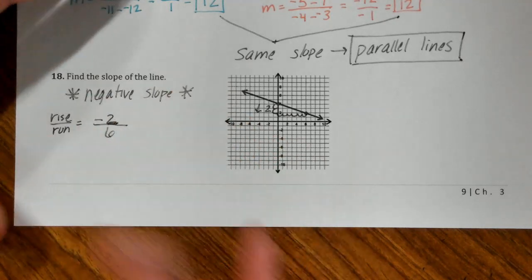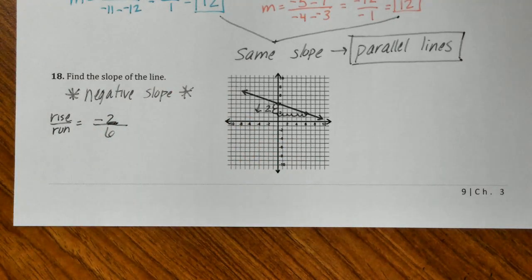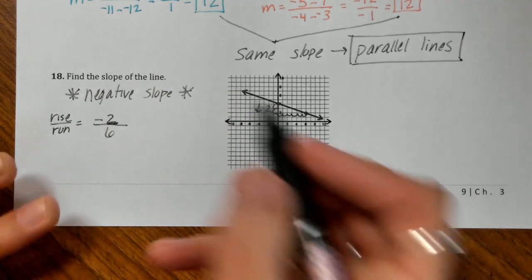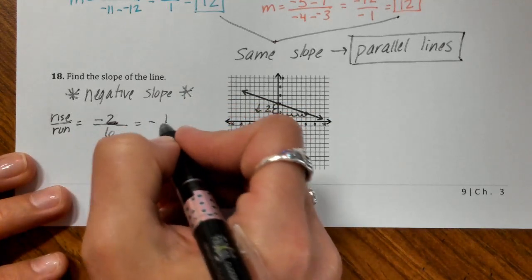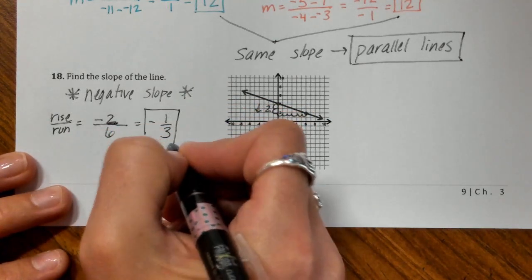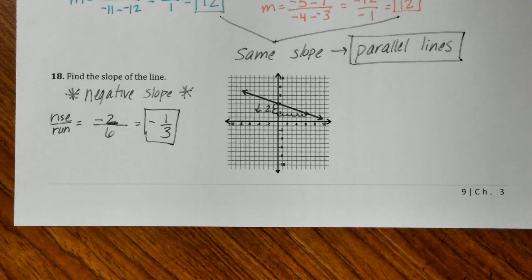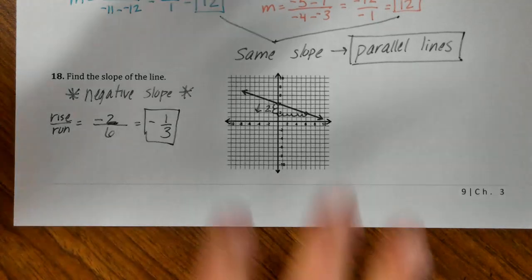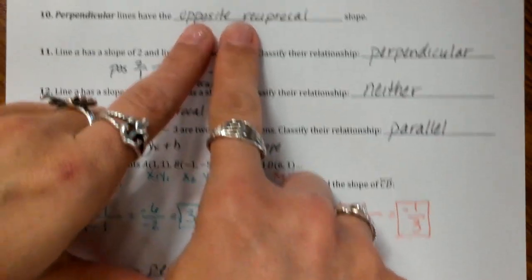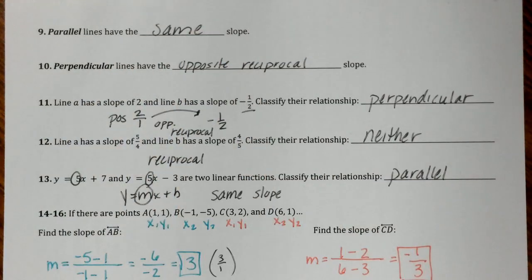It is a positive. The negative only goes with the downward motion, and this will simplify to a negative 1/3. Okay, so practice those parallel and perpendicular lines. Remember, an opposite reciprocal is going to be our perpendicular, and same slope will be our parallel.